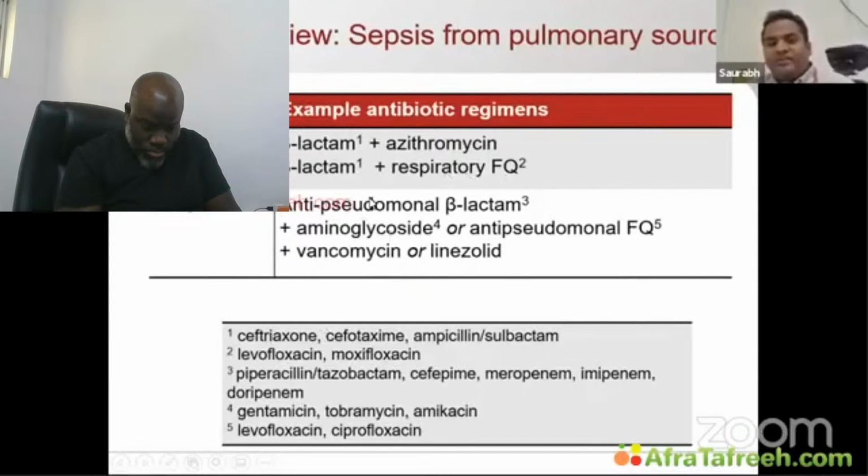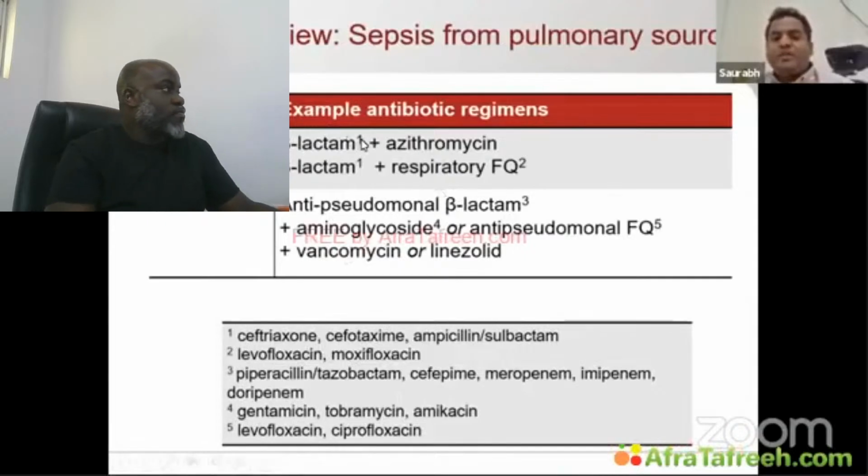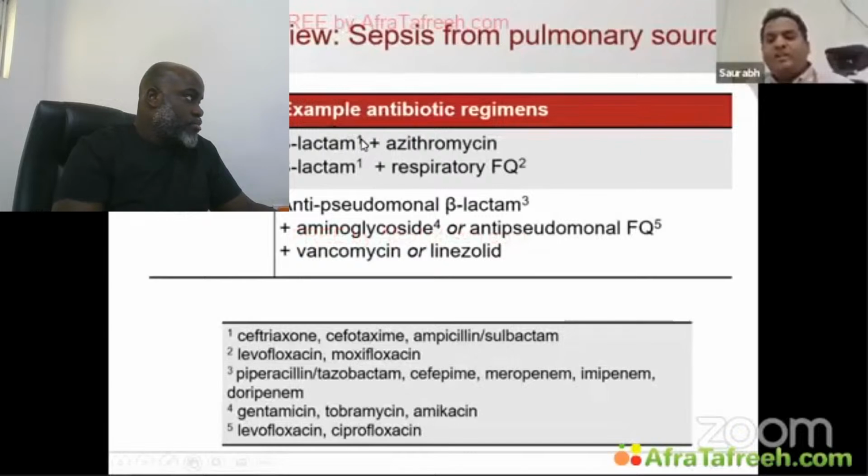In our country, we tend to avoid respiratory fluoroquinolones in community-acquired infections because they are now used for treatment of tuberculosis, and it can lead to drug resistance or missing the diagnosis of TB in patients with community-acquired pneumonia. So you should not prescribe levofloxacin or moxifloxacin unless you have ruled out TB conclusively in a patient with community-acquired pneumonia. That's why the beta-lactam and azithromycin combination remains the first choice, and it works very well for most of these patients.